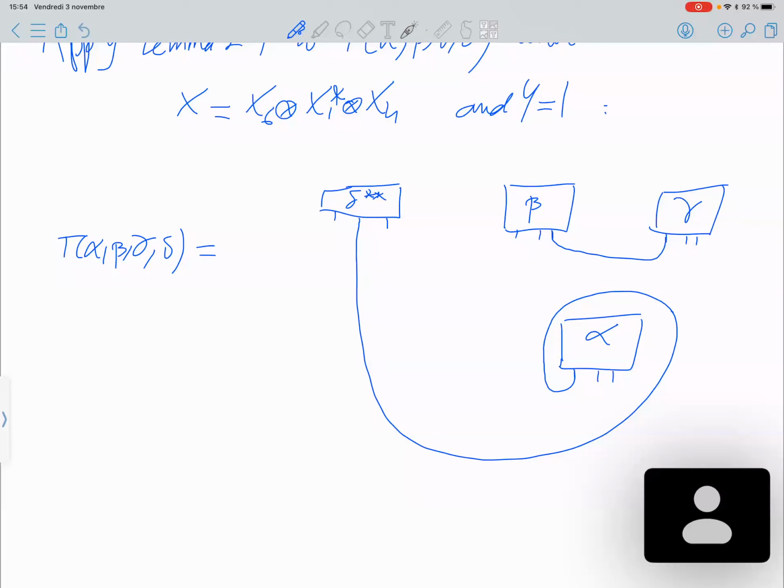The second edge of alpha was connected to gamma in the middle.